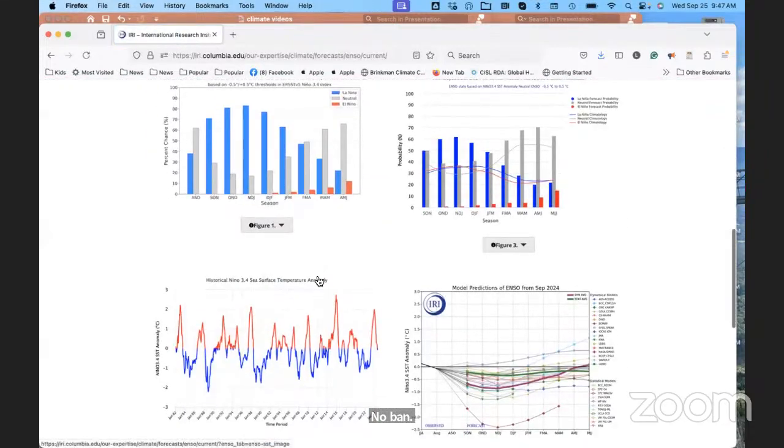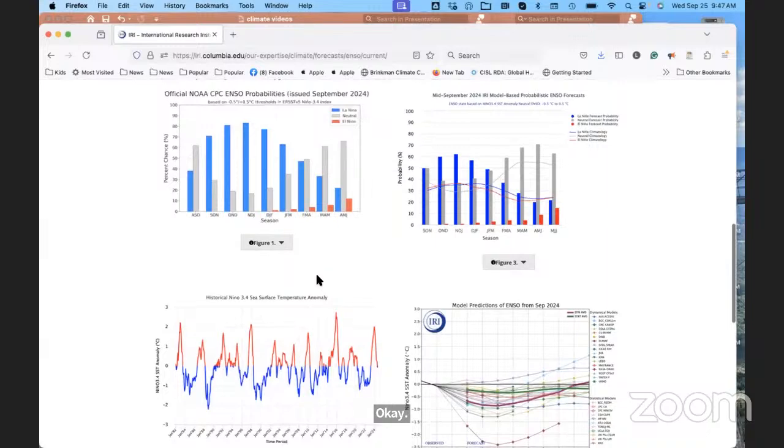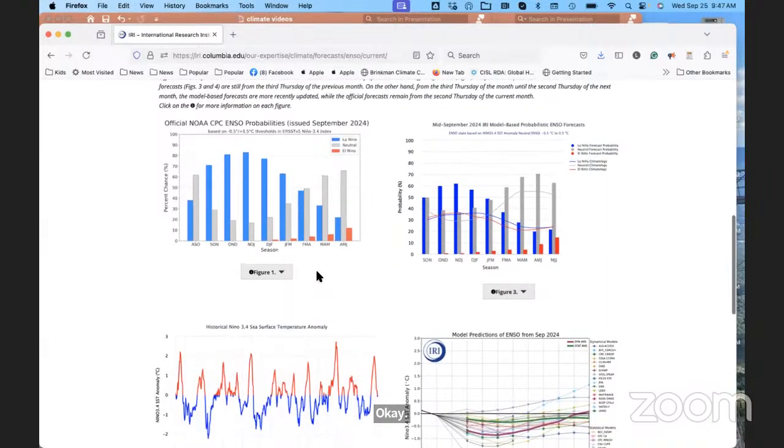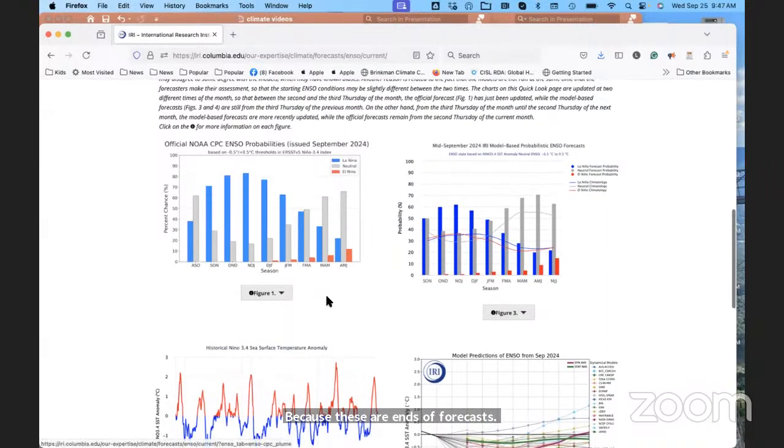Okay, so these are ENSO forecasts, one from IRI, another one from NOAA. So where are we now? October, we are here. This is the forecast. So this is August, September, October.